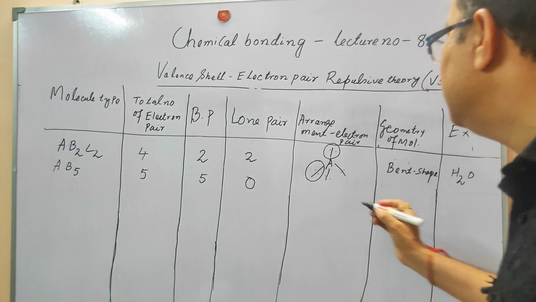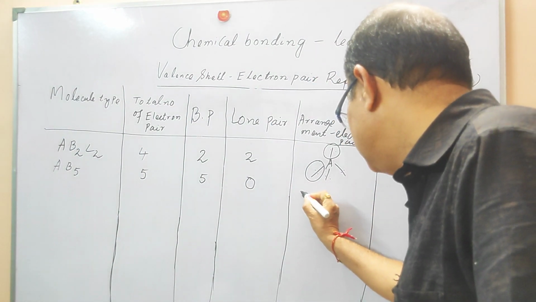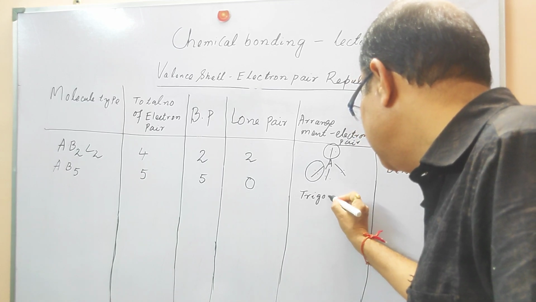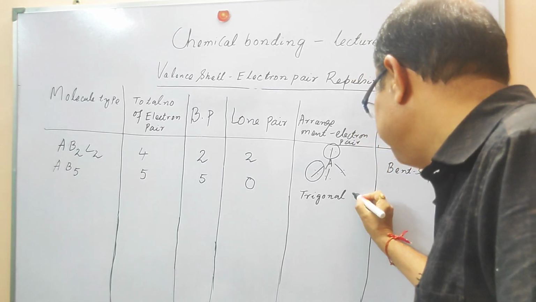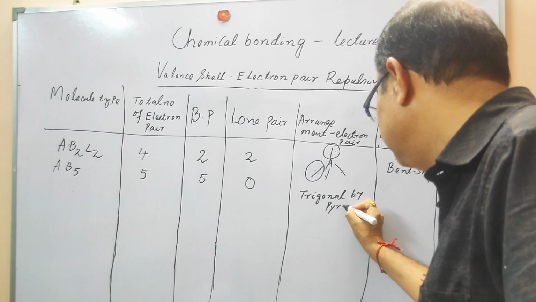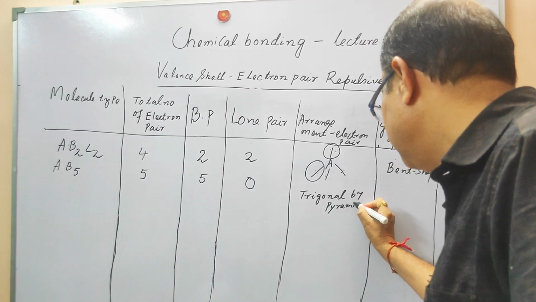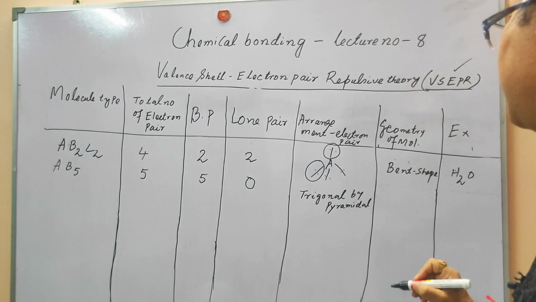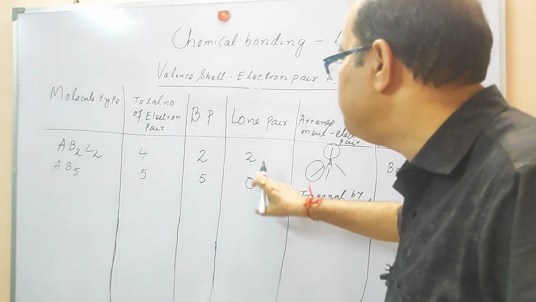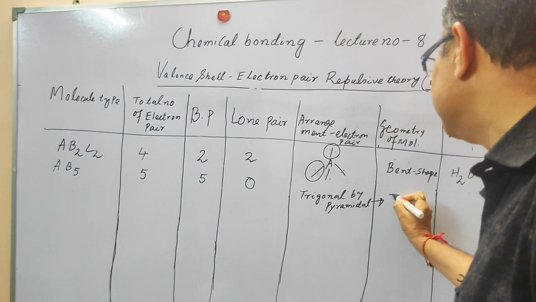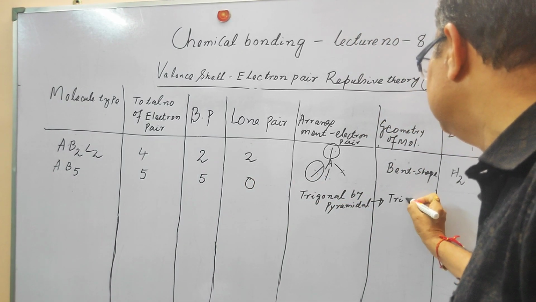The arrangement of the electron pairs will be trigonal bipyramidal. As the lone pair is 0, the geometry of the molecule will be the same, trigonal bipyramidal.